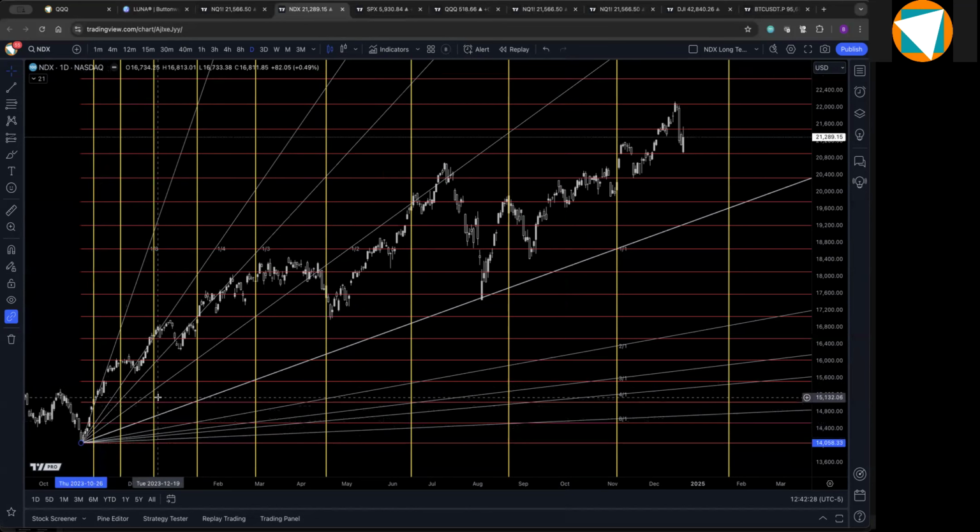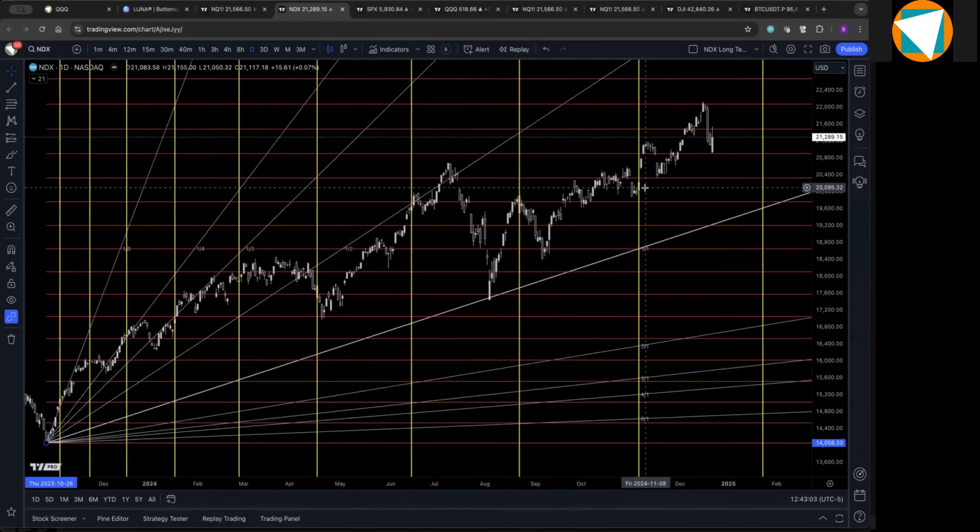So we're seeing cycles around the Square of 9, and because of how the Square of 9 works, the cycles get progressively wider. And you can see up here last week, on Monday the 16th, we made the high and tapped one of the red Square of 9 cycle lines exactly. So that is an indication to me that this is a significant pop, and it's something to be aware of.